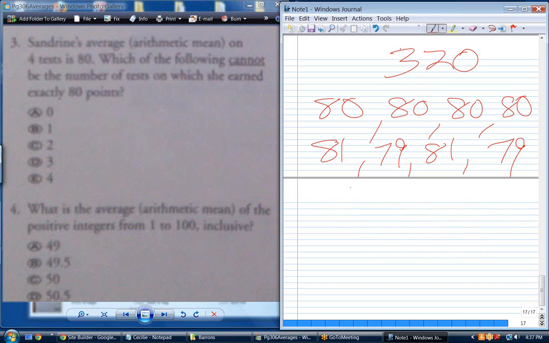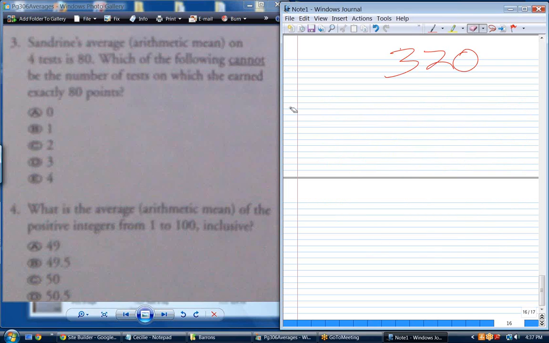Okay, which means 3 is our answer, but why can't it be 3? Let's think about it for a moment before we go on. For it to be 3 precisely, why can't it be 3?